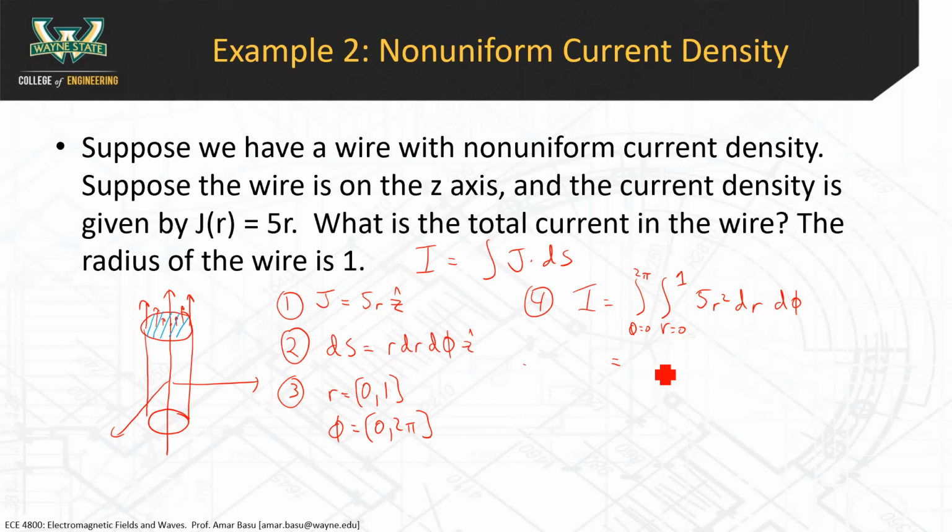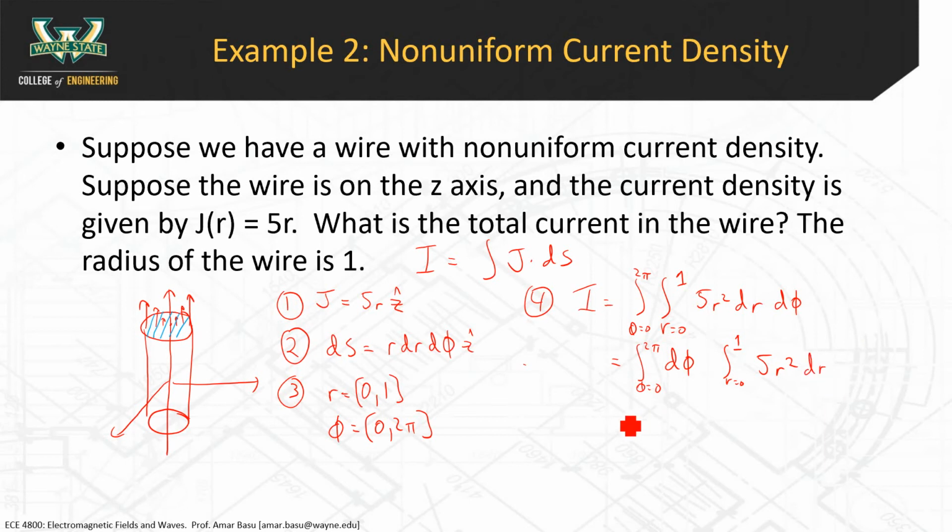Separate out the variables. So you get the integral from phi equals 0 to 2 pi of d phi, and then the integral from r equals 0 to 1 of 5r squared dr. You could take the 5 out if you wanted to, but we're just leaving that here.